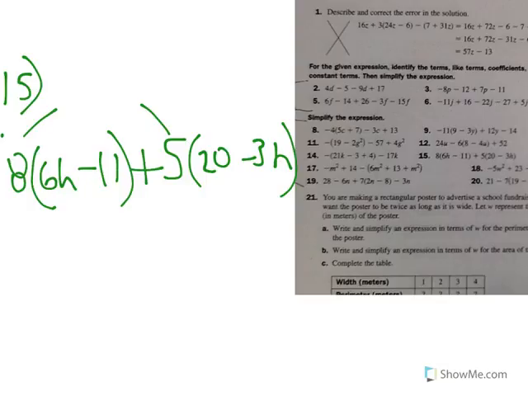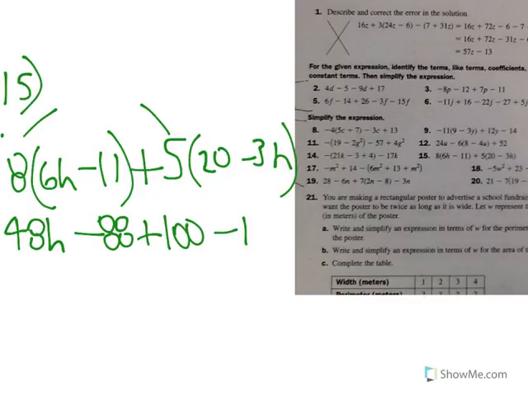So 8 times 6 is just going to be 48h minus 8 times 11, 88, plus 5 times 20 is going to be 100. 5 times 3 is subtraction, so it's going to be 15h. So now we can do our like term thing.